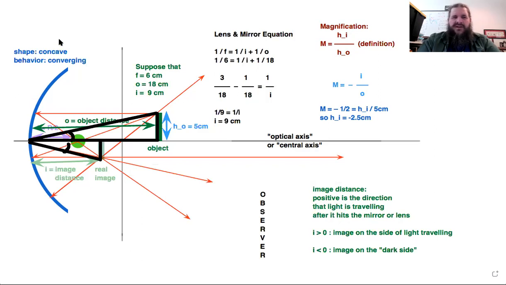So in general, a real image is going to have a positive value for i and an upside down height. Whereas a virtual image on the back side of the mirror is going to have a negative value for i, but it'll be right side up. Any questions on that so far?